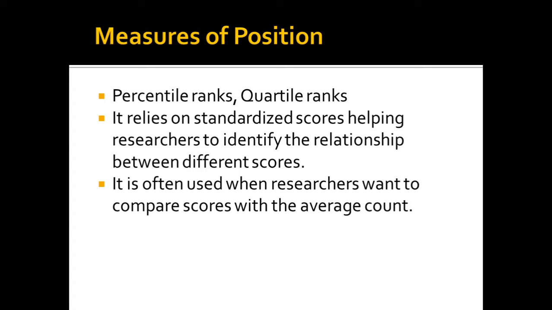So if we say so-and-so candidate is in the top 5 percentile in the class, I'm talking about he falls in the first 5% of the rankers. So percentile means out of 100, quartile means 4. That's the way we define it. So if you want to distribute quartiles, you will have 4 of them: first 25, second 25, that is the 50th rank, then the third one is the 75th one, and the last one is 100. So that's called the quartiles.